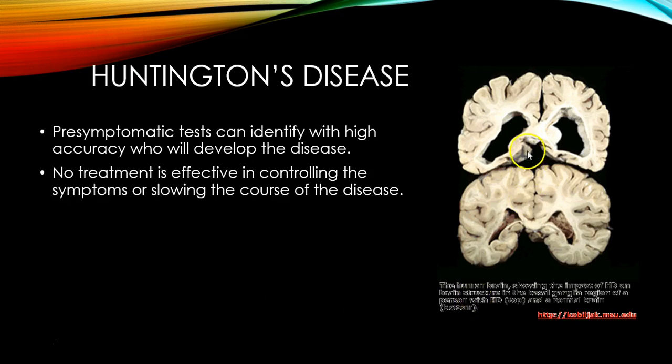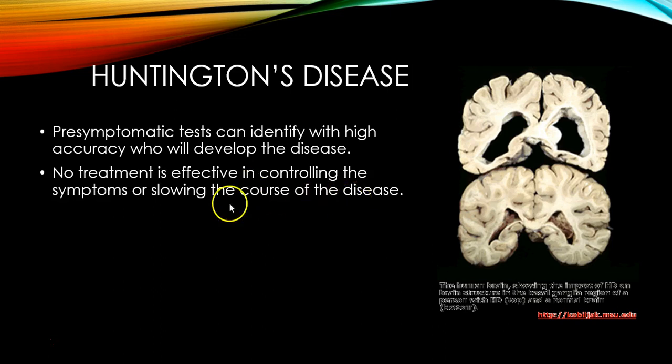You can see here, it's a brain of a patient with Huntington's. You can see loss of so much brain tissue compared to a healthy brain. There's no treatment, like I said, that's effective in controlling the symptoms or slowing the course of the disease. It does end in a very, very difficult death.